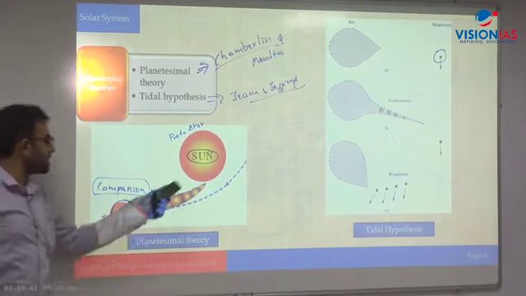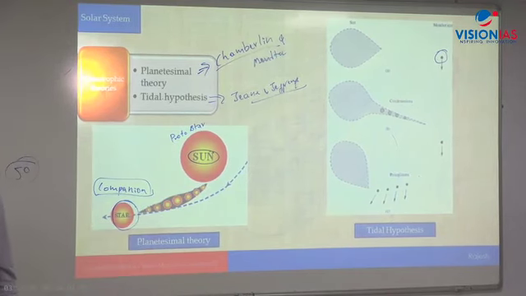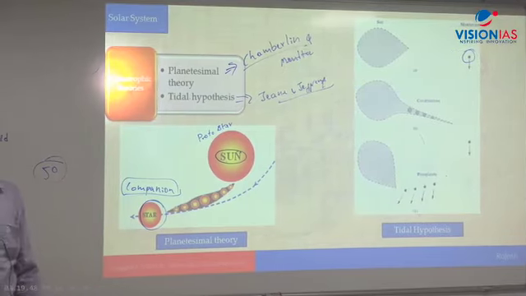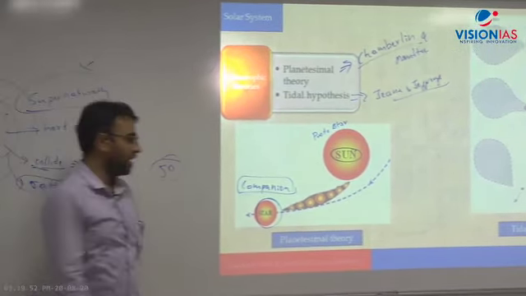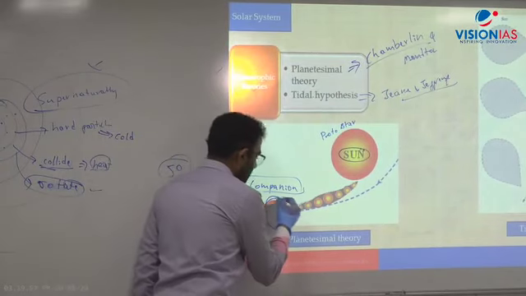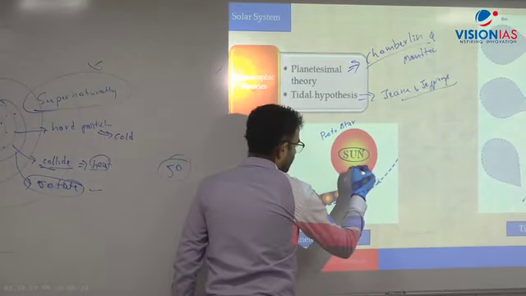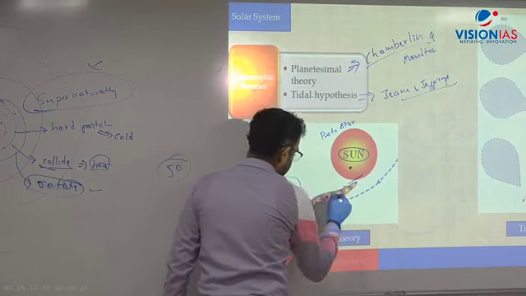Rotating, this star came very near to the sun. Two heavy bodies came towards each other, and because of that the gravitational pull increased, and because of the presence of this companion star the mass from inside the sun got ejected.